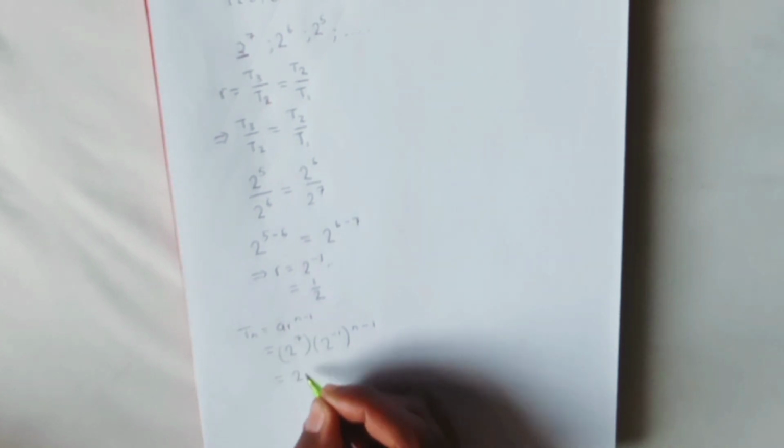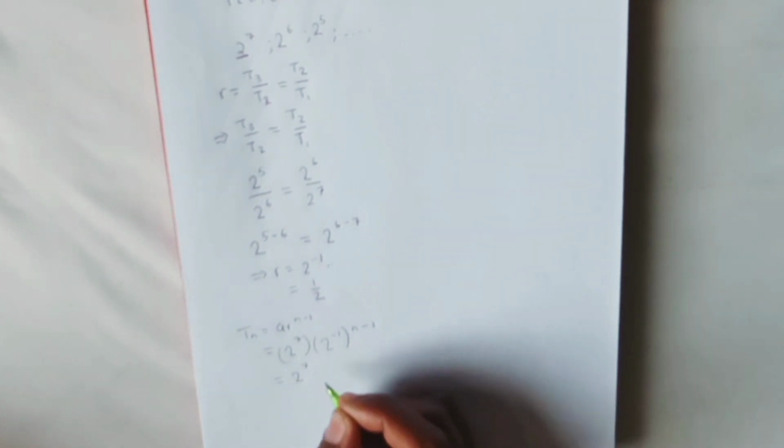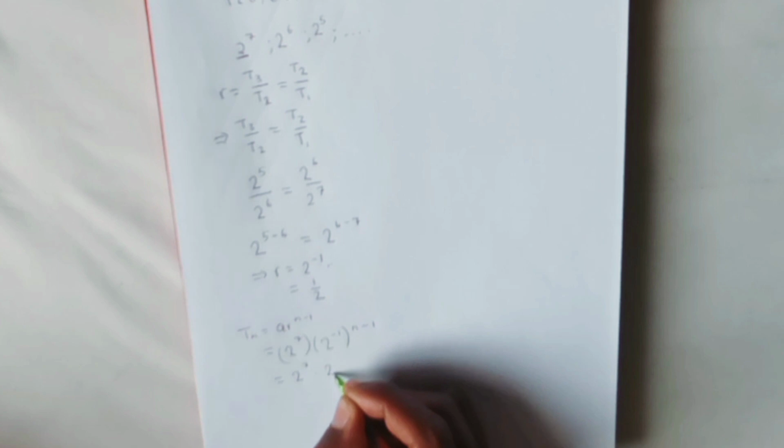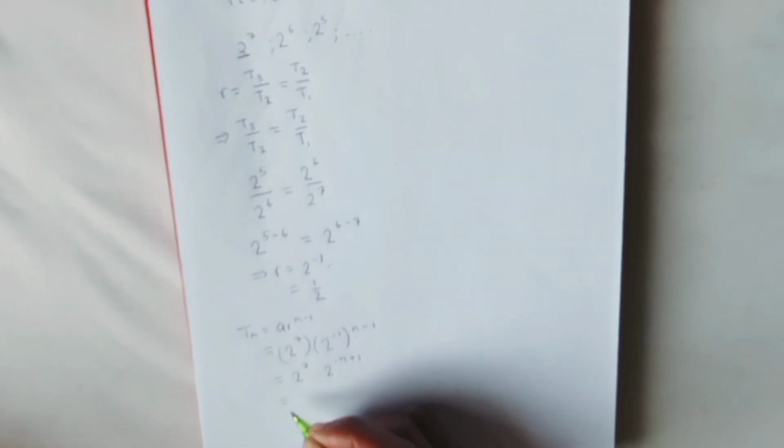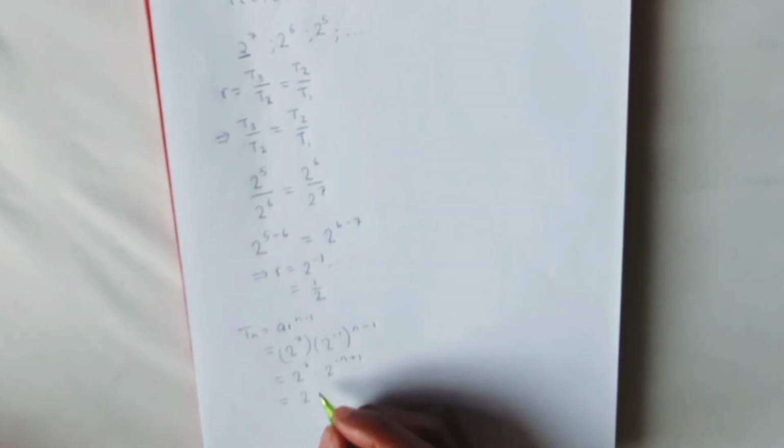So we're just going to expand this. 2 to the power 7 multiplied by 2 to the power negative n plus 1 is going to be equal to 2 to the power, if you have the same base and you multiply, you add the exponents. So 7 plus 1 is 8 minus n.